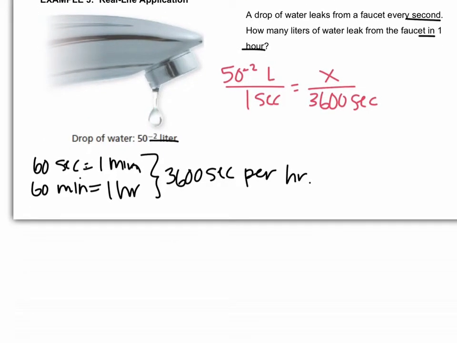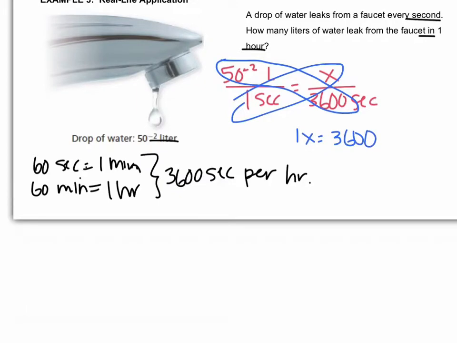I'm going to cross multiply because that's what you learned back in 7th grade. So I get 1 times x, which is 1x, and then I'm just going to write this 3,600 times 50 to the negative 2. And I'm actually going to erase this one because it just looks weird to me, just x.